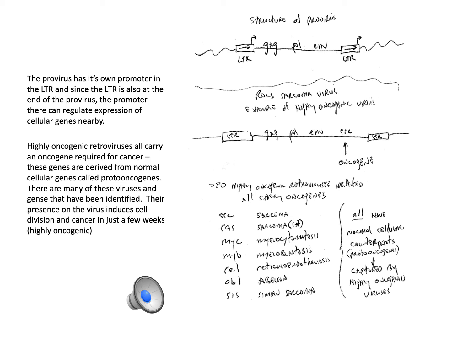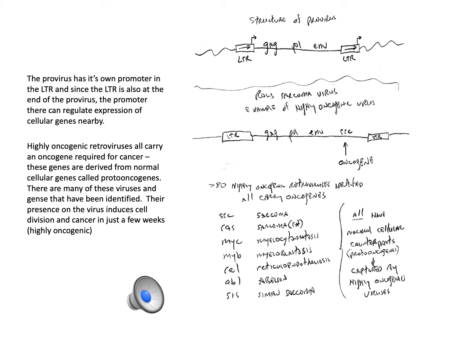So here's the unnerving thing about all this: if you look at normal chicken cells, normal mouse cells, normal rat cells, normal monkey cells, normal human cells, all have a normal cellular counterpart to these oncogenes. So normal cells have a gene that looks very much like SRC.